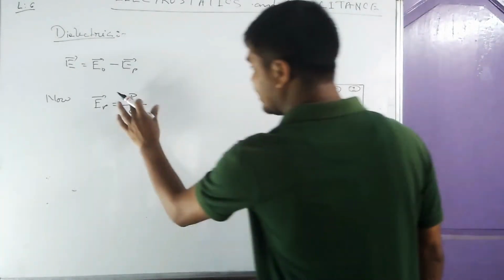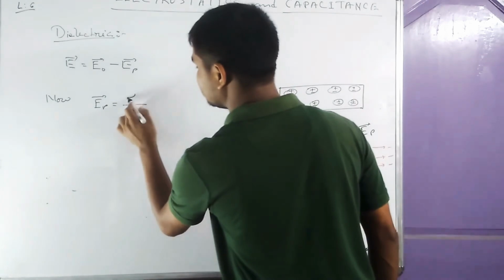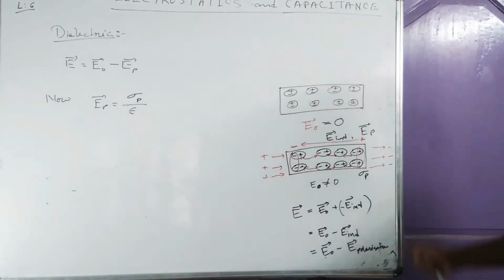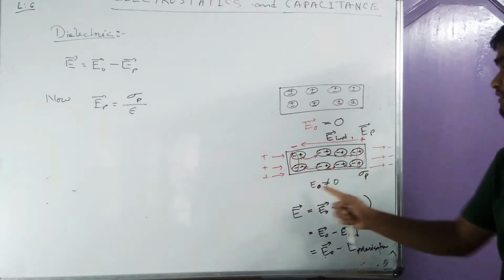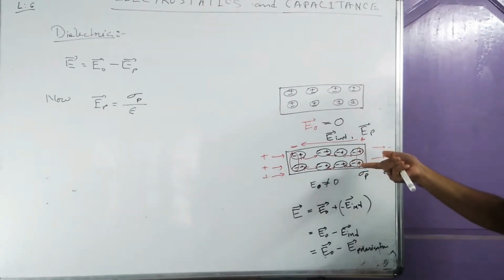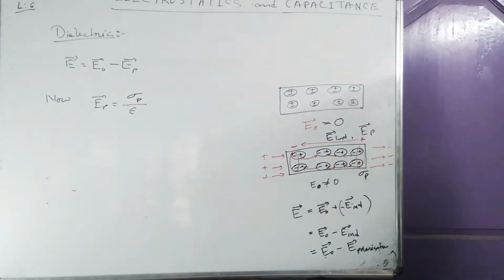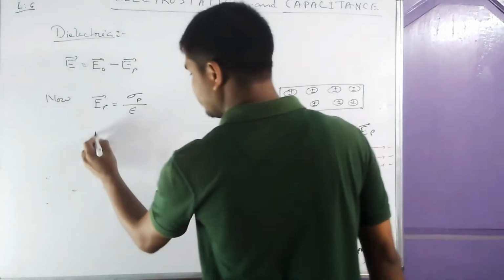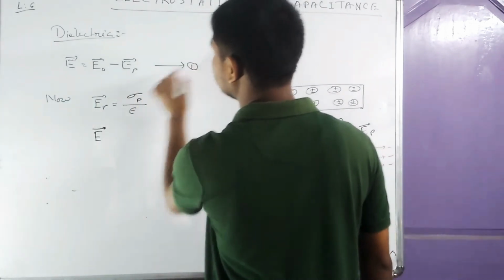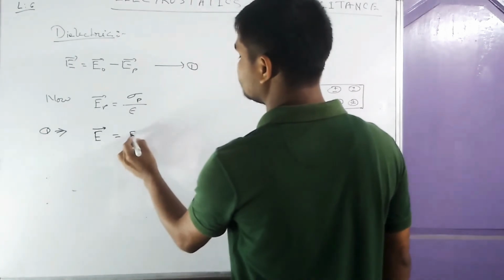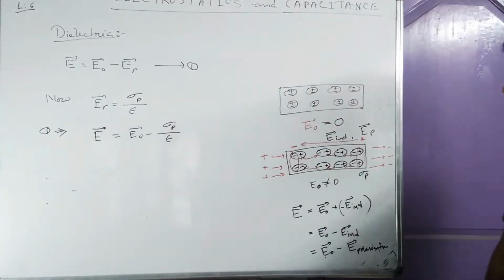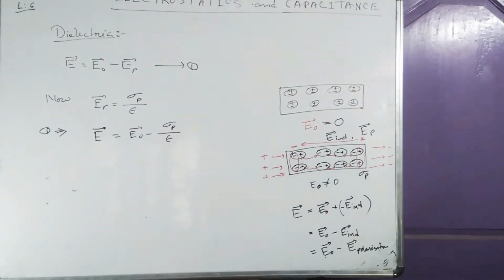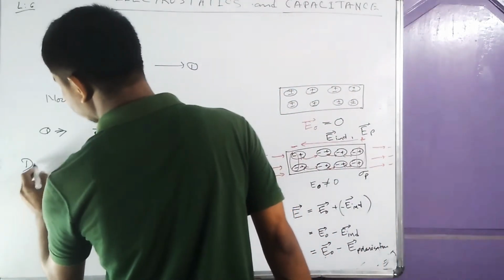Polarization means how much charge occurs, so we replace it by sigma p. How much the polarization density increases and what is the permittivity given by the dielectric gives the polarization electric field. Therefore, we can write E is equal to E naught minus sigma p by epsilon, equation 1. Okay, write down the dielectric constant.